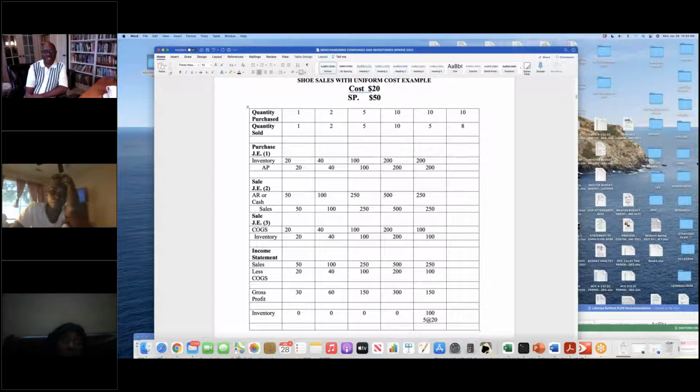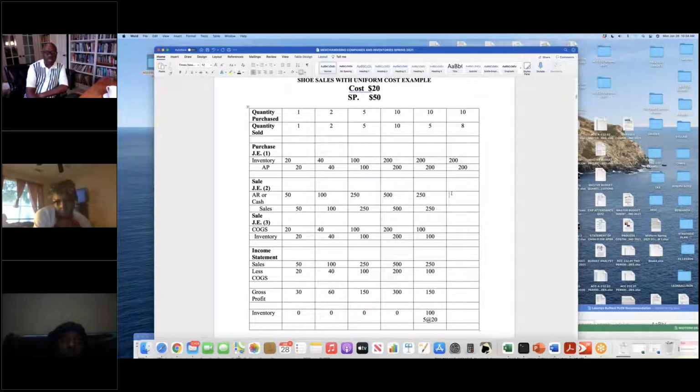Inventory 200, accounts payable 200. We are still buying 10 pairs of shoes, so 10 times 20 is 200. We sold 8 pairs of shoes, so how much money are we going to have now? 400.